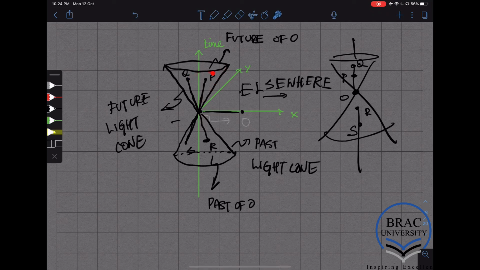So all the events in the future light cone are the points which you can influence from the point O. Similarly, all the points in the past light cone of O are the points that can influence the event at O. So all the points outside these light cones are causally disconnected from O. You cannot send a signal from O to those points. So this is the causal structure of Minkowski space.